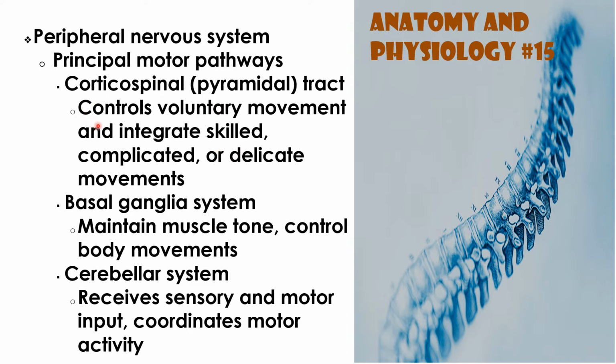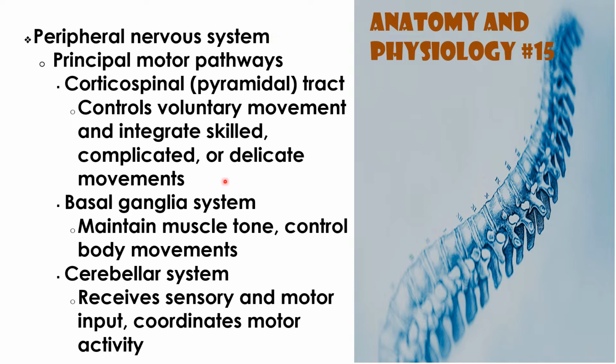There are 3 kinds of motor pathways impinged on the anterior horn cells: the corticospinal or pyramidal tract, that is responsible for controlling voluntary movement and integrates skilled, complicated, or delicate movements.